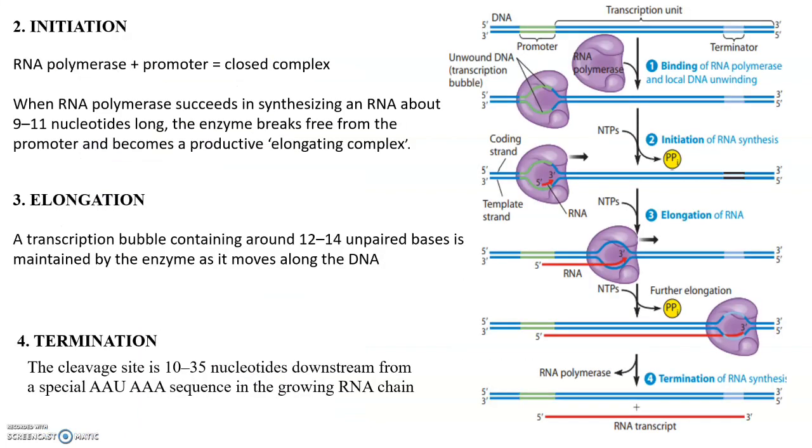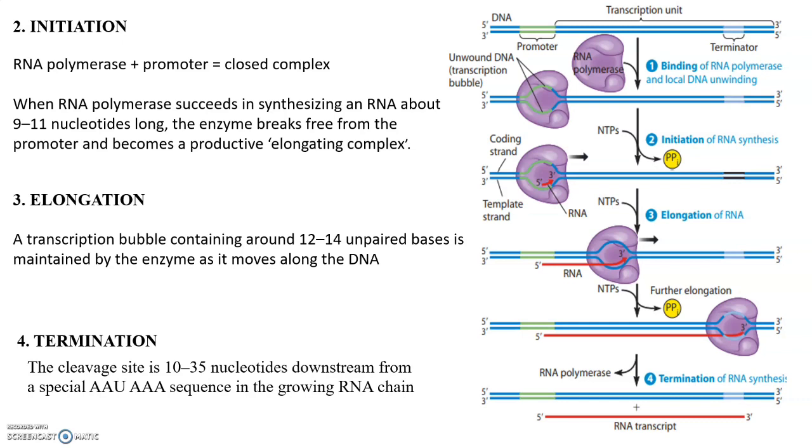The next step in RNA synthesis is initiation. The RNA polymerase opens up a short region of 14 bases, and that region is known as the transcription bubble. Free ribonucleoside triphosphate enters through the funneled region of the RNA polymerase and forms complementary base pairs with bases on the template strand.